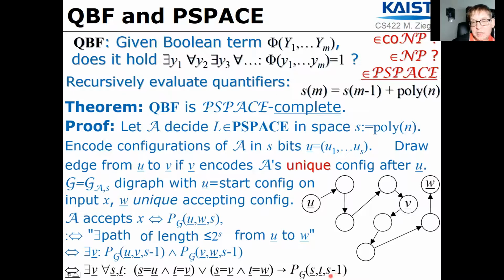Now replacing this s minus 1, applying the same again, introduces one existential and two universal quantifiers and reduces the parameter s by one more, and repeating this until s reaches 0 thus results in a Boolean expression whose length is only polynomial. So it's semantically equivalent to when we expanded that expression.